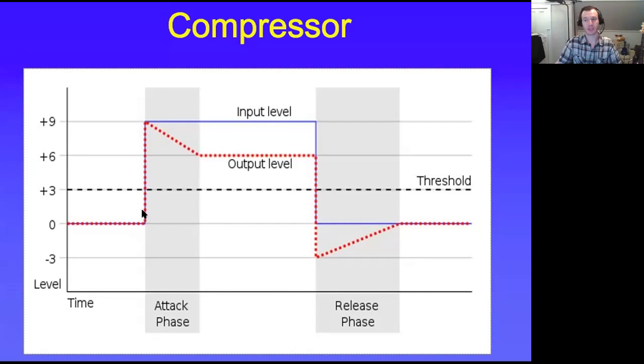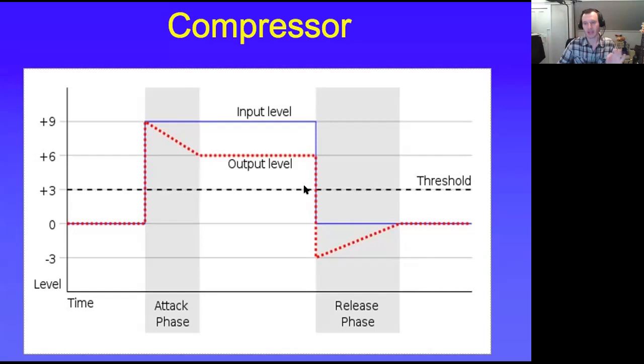So it comes in at 0, increases by 9 decibels, and then suddenly decreases back to 0 dB and goes out. That's pretty simple, right? For example, that's what the blue line shows us.